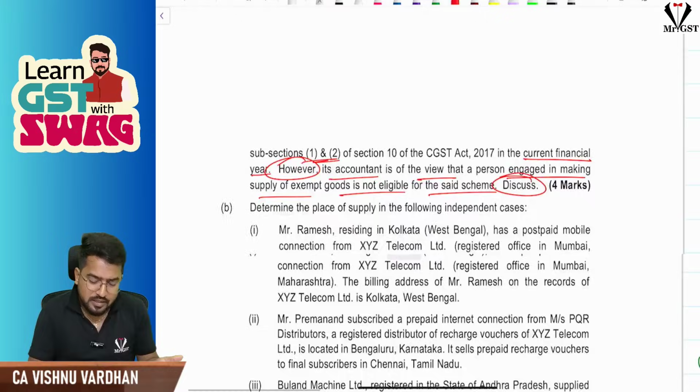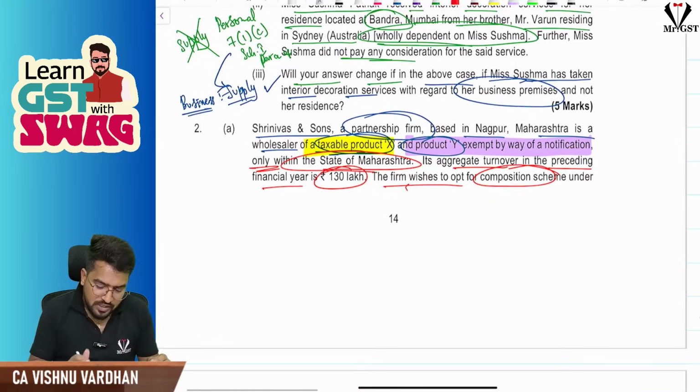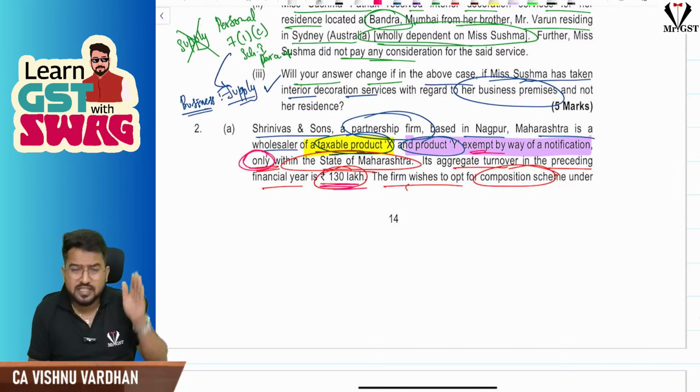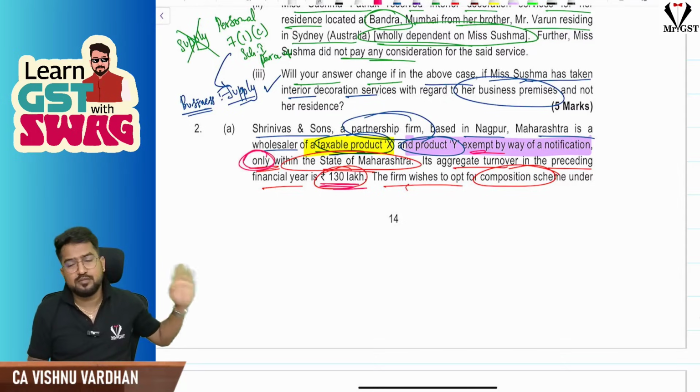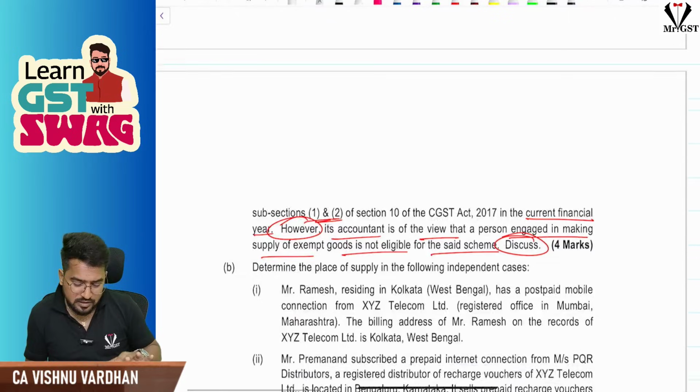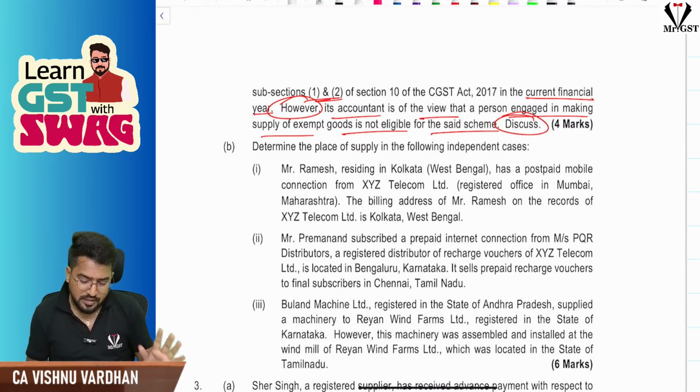Here they are selling only in Maharashtra, it is not exceeding 150 lakhs, and the goods are exempt. Exempt goods are taxable, but for the time being they are exempt through a notification. They are not non-taxable goods, on which we cannot levy GST. We can levy tax, but we have given exemption. So the contention of the accountant is absolutely invalid in the eyes of law.